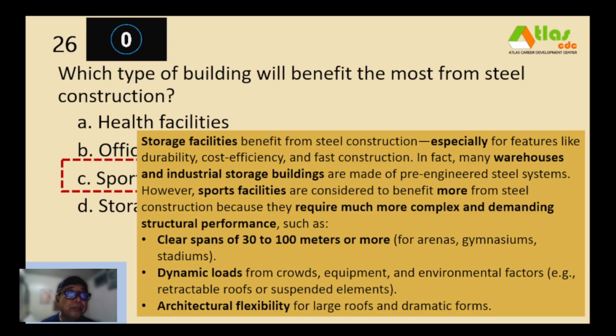However, our answer is sports facilities, and they are considered to benefit more from steel construction because they require much more complex and demanding structural performance, such as clear spans of 30 to 100 meters or more for arenas, gymnasiums, stadiums, and dynamic loads from crowds, equipment, and environmental factors like retractable roofs or suspended elements, and for architectural flexibility for large roofs and dramatic forms.